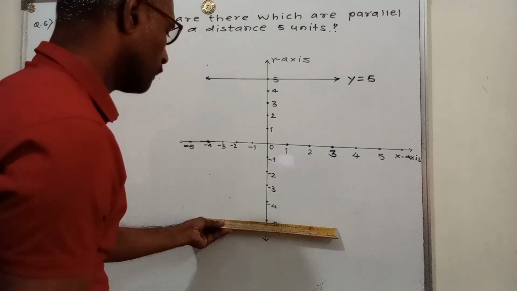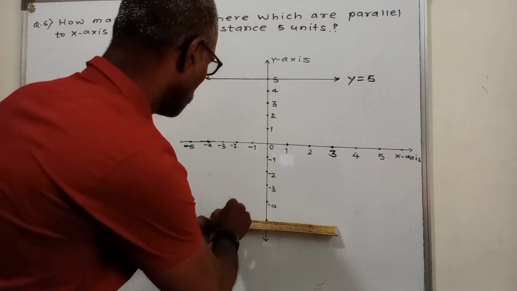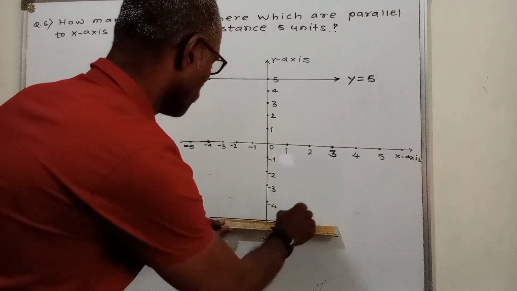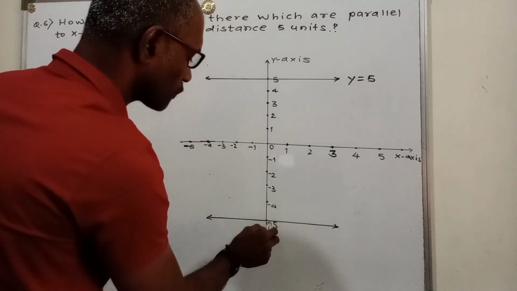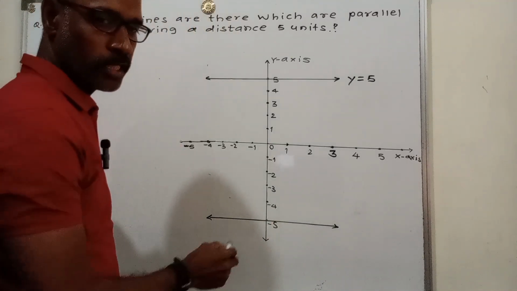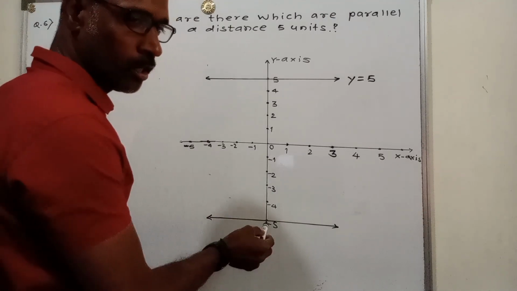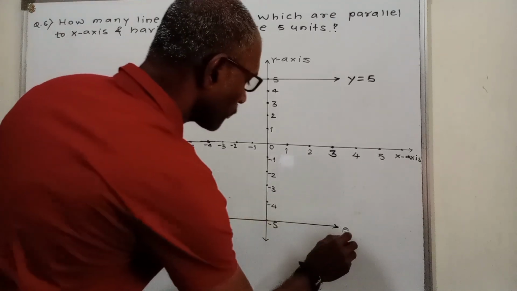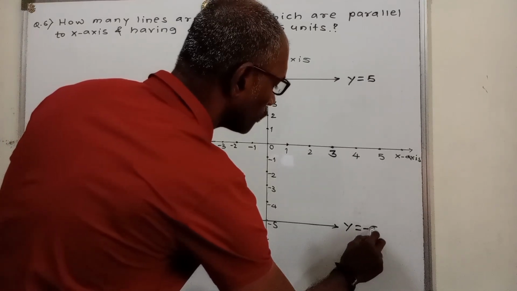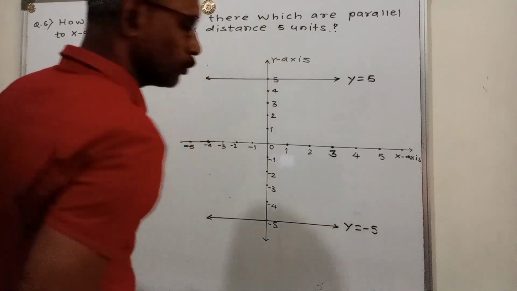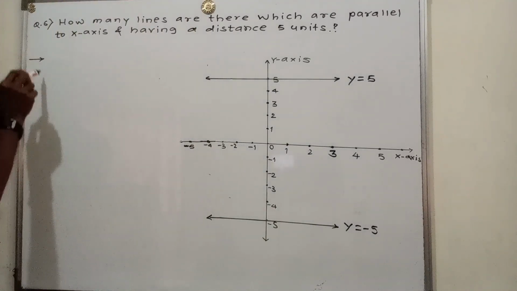And below, another one passes through minus 5 on the y axis, the y coordinate. Therefore the equation of this line is y is equal to minus 5. Then how many lines are there? 2 lines.